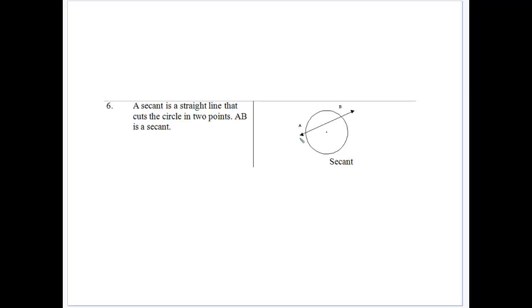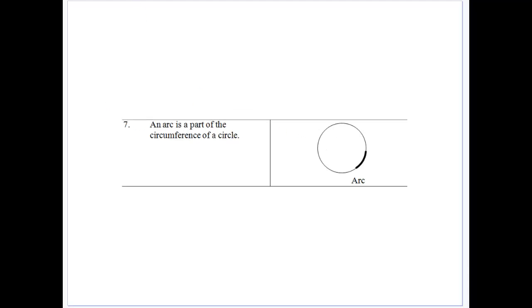A secant. Now, a secant is a straight line that cuts a circle in 2 points. So notice the difference between a chord and a secant. A secant's a line, where a chord would be a line segment. So that's the difference between it. And pretty much do some of the same things, but it's the same difference between a line and a segment. A line goes on forever, and a segment is cut off.